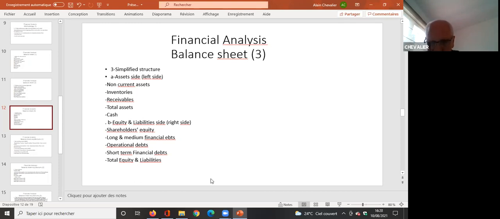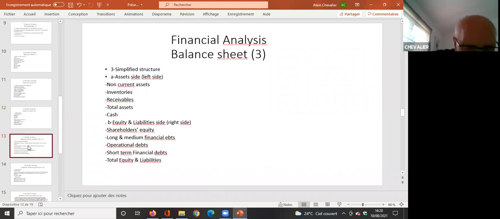On the right side, equity and liability side, I've got the shareholders' equity first, long and medium financial debts second, operational debt third, short-term financial debt number 4. I've got 8 categories, 4 on the left side, 4 on the right side. And that's a segmentation which will allow me to go through some other calculation and to introduce the question of equilibriums.